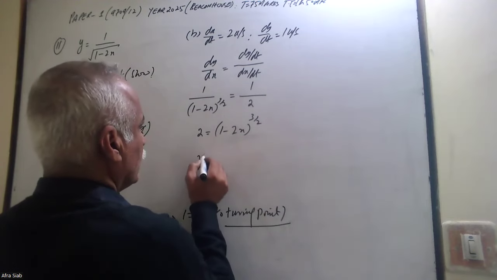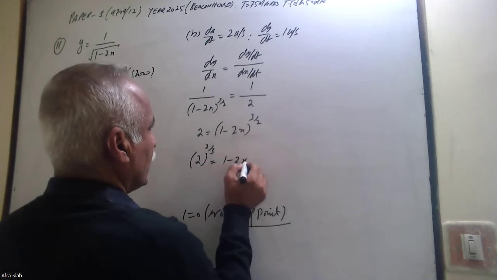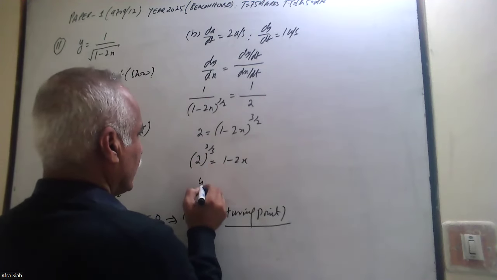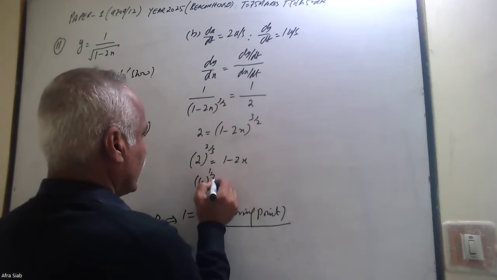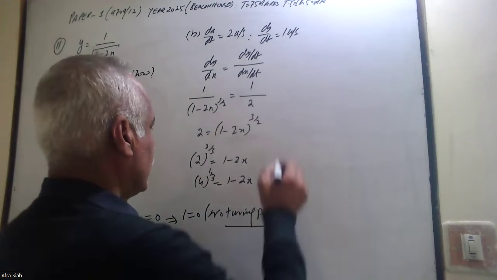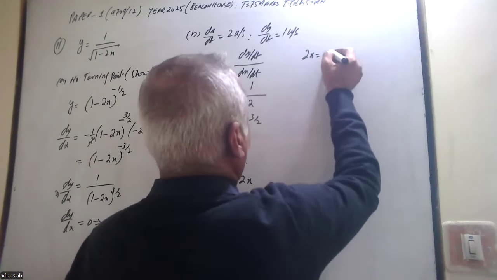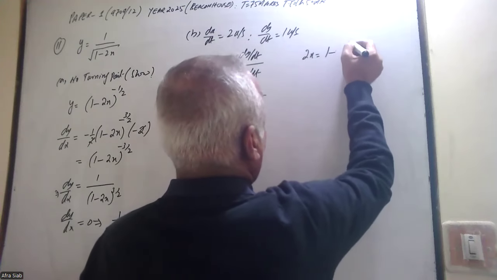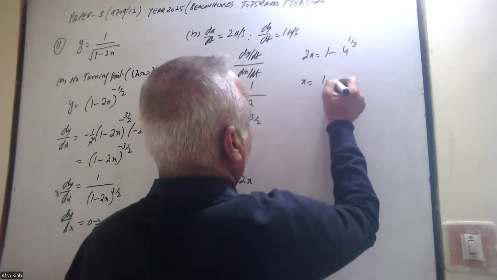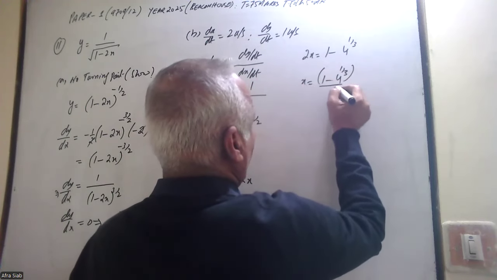So 2 power 2 by 3 is equal to 1 minus 2x. 2 power 2 by 3 is 4 power 1 by 3, which is equal to 1 minus 2x, or 2x is equal to 1 minus 4 power 1 by 3, or x is equal to 1 minus 4 power 1 by 3 over 2.